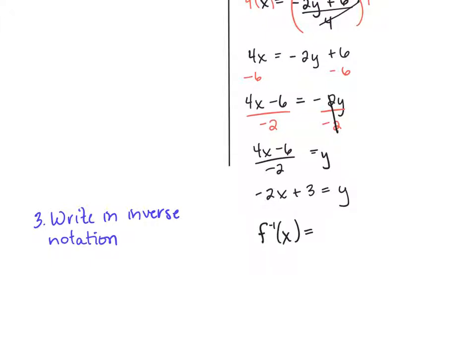So that's just the inverse of x, negative 2x plus 3. The last step, and we're going to do this on the next slide, is to verify. Actually, that's not going to be the next step we're going to do. I'm going to show you a different method of finding inverses, and then we'll verify. But don't forget that verification piece is important.